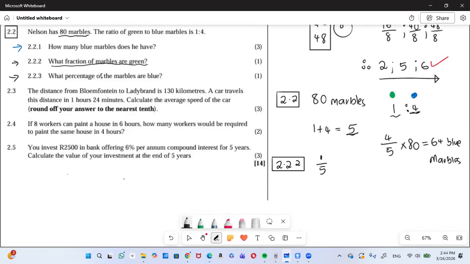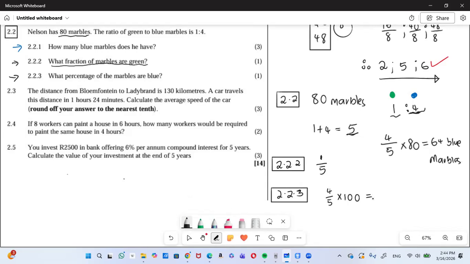Now we go to 2.2.3. They're asking what percentage of the marbles are blue. Again, we know that out of 5, blue is 4. So we have 4 over 5, then multiply this by 100.